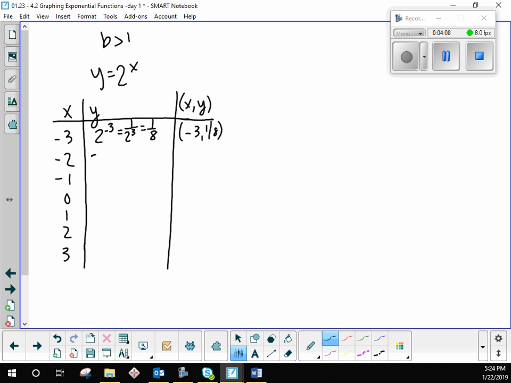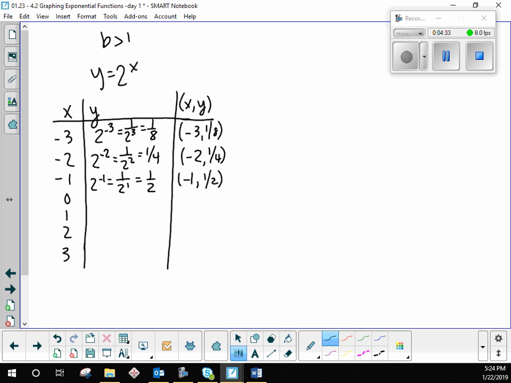Similarly, with negative 2, 2 to the negative 2 is 1 over 2 squared, which gives me 1/4. So when x is negative 2, y is 1/4. You try negative 1 while I do negative 1. Okay, hopefully you got 1/2.